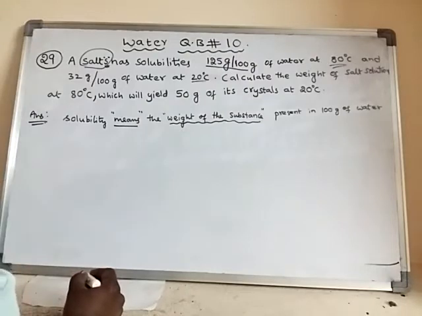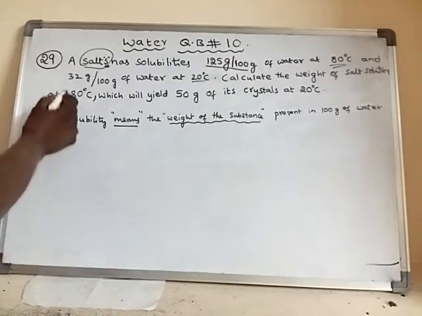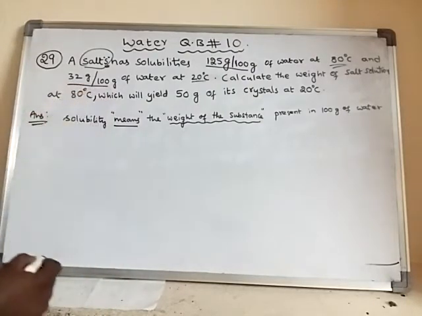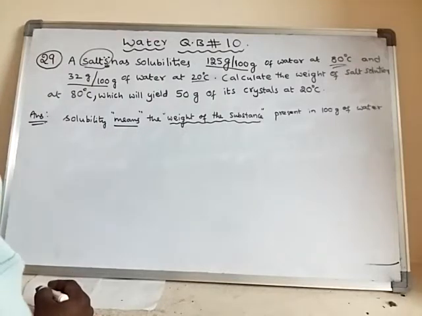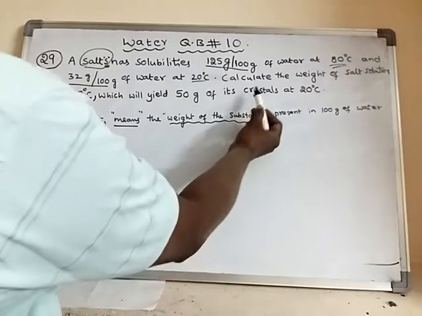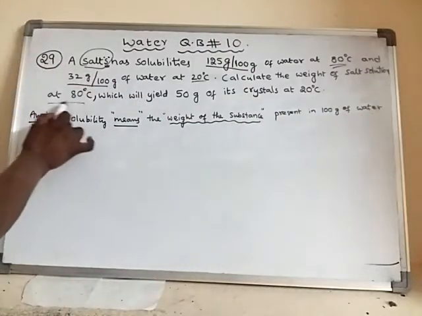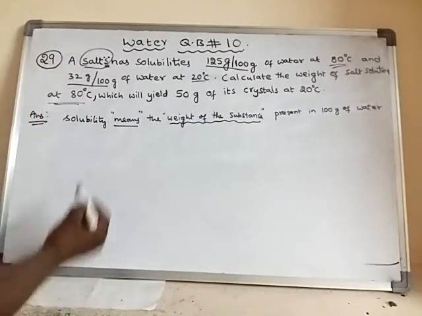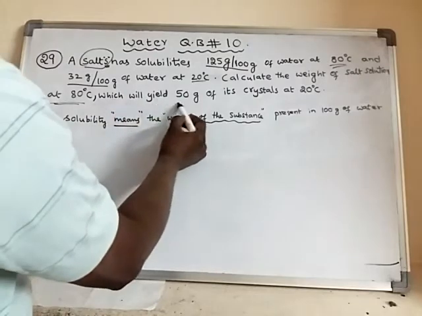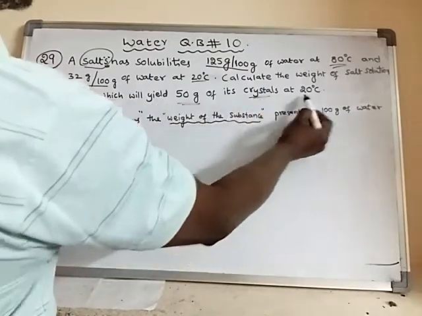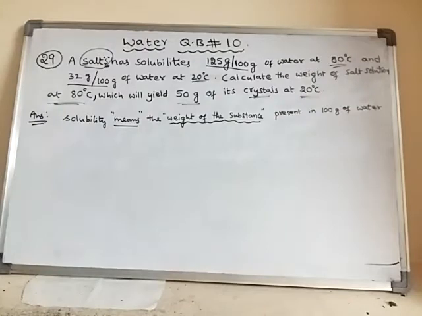Now we have to calculate the weight of salt solution at 80 degrees centigrade which will yield 50 grams of its crystals at 20 degrees centigrade. So that is the question.